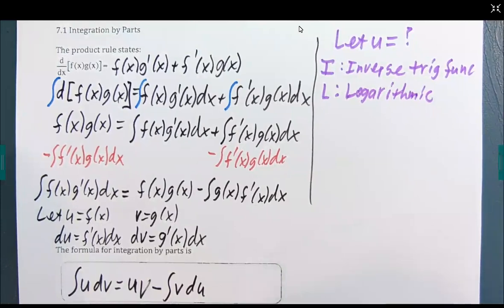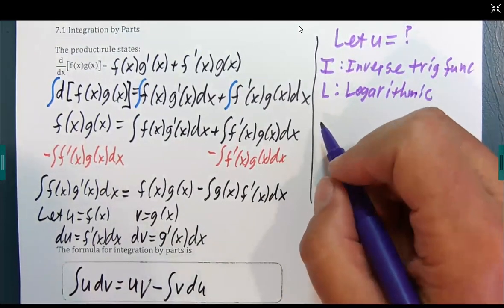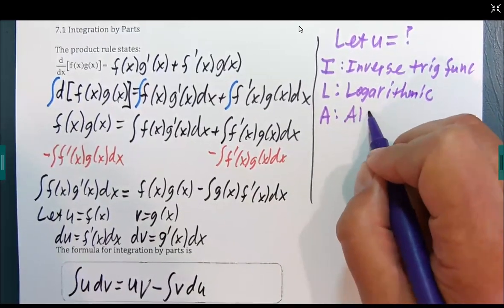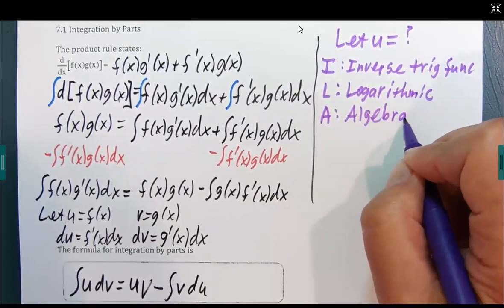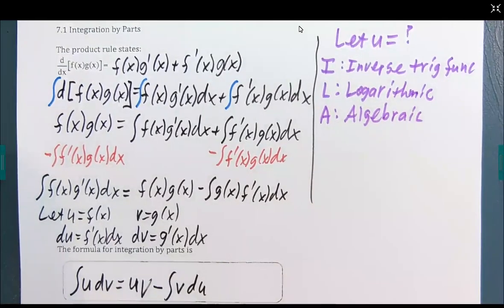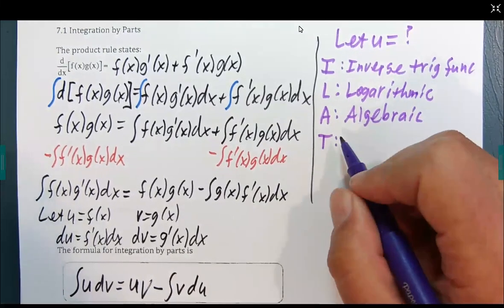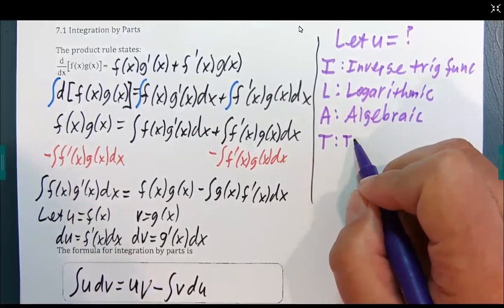Mostly that'll be the natural log of some sort, but we can certainly change the base, and the log of any base would work. Next up is the A, and that's algebraic, which would be like your polynomials and things like that, which will apply here in just a moment. Next up is T, that's just for your straight up trig functions.